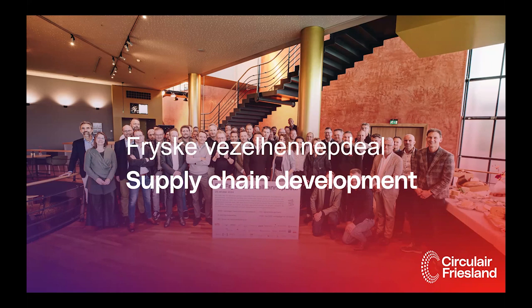This agreement marks an important milestone in developing a regional hemp fiber installation deal. They want to implement the regional hemp fiber installation in at least 1,000 construction and renovation projects across Friesland in the coming years. And what makes this deal so special is that it goes beyond intentions or ambitions.